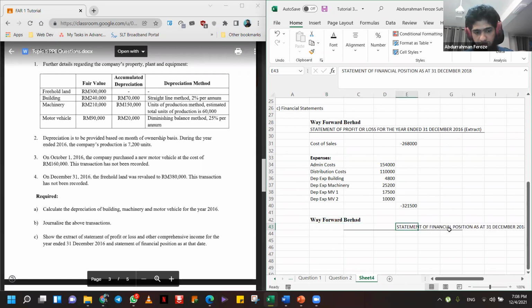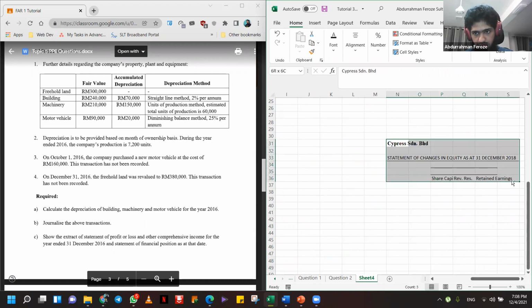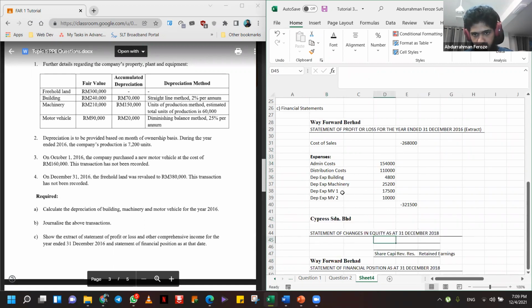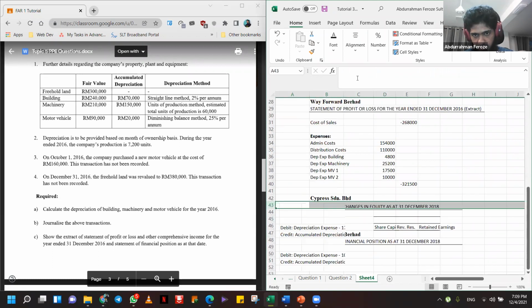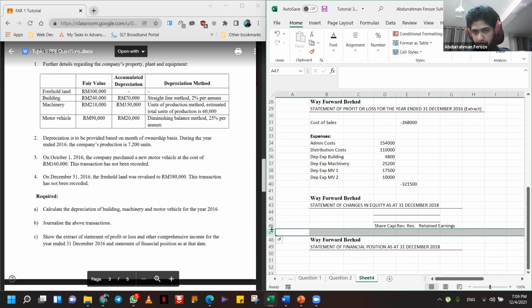Typically, like we had done that day, first you do the SOPL, then the statement of changes in equity, which contains the revaluation reserve, and then the statement of financial position. But let's just do it regardless.